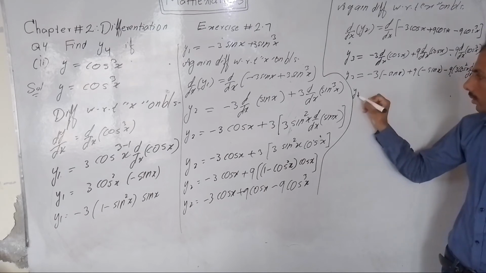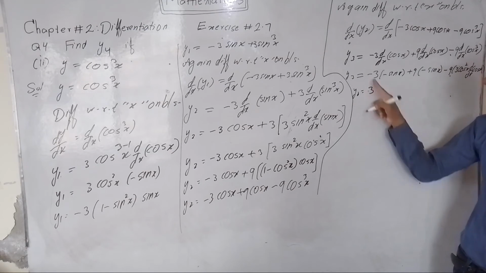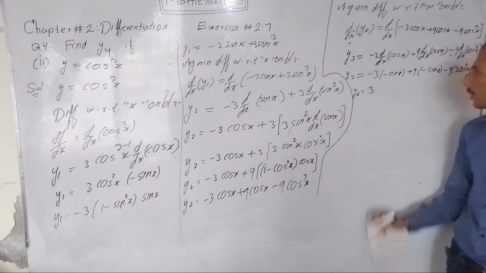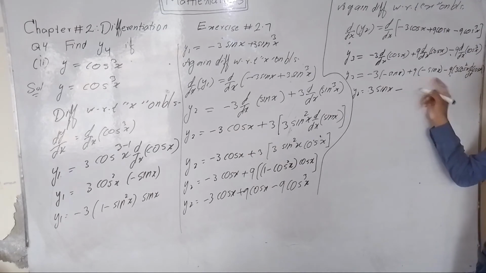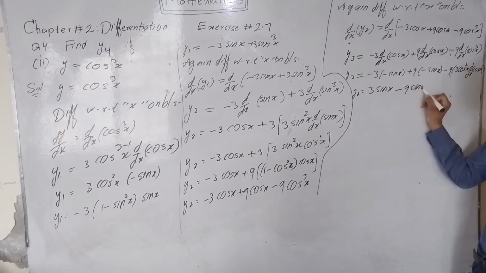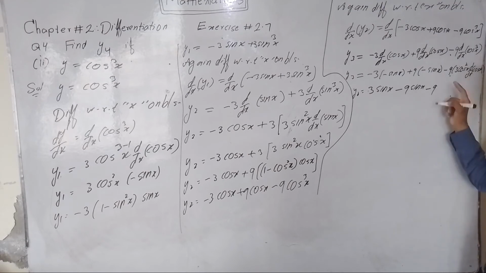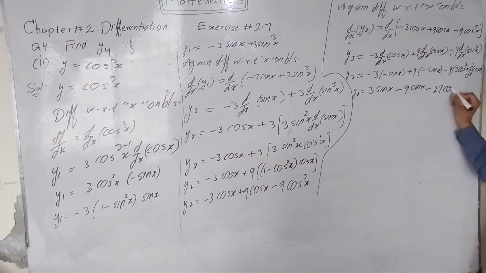So y3 is equal to minus multiply minus plus 3 sin x, plus minus minus 9 sin x, minus 9 times 3 is 27 cos square x.